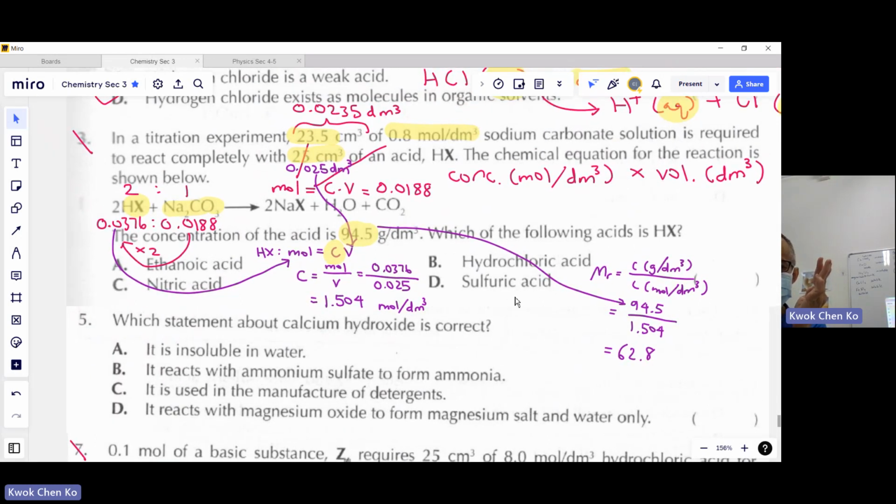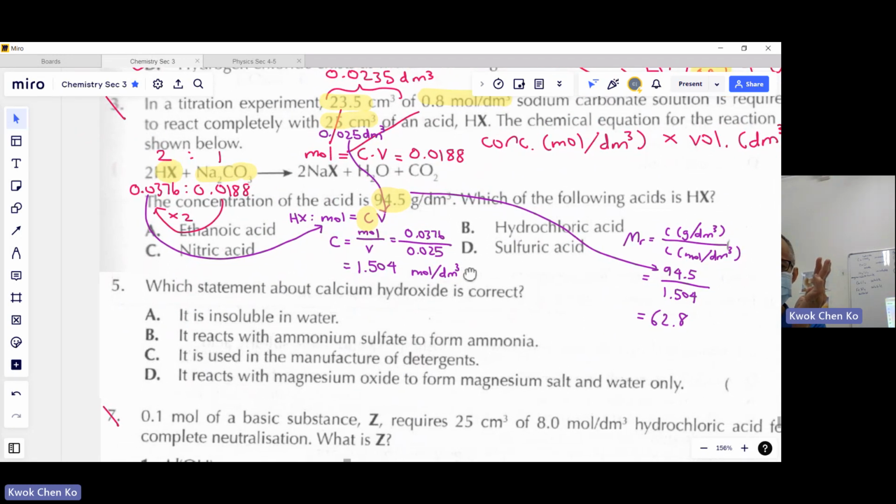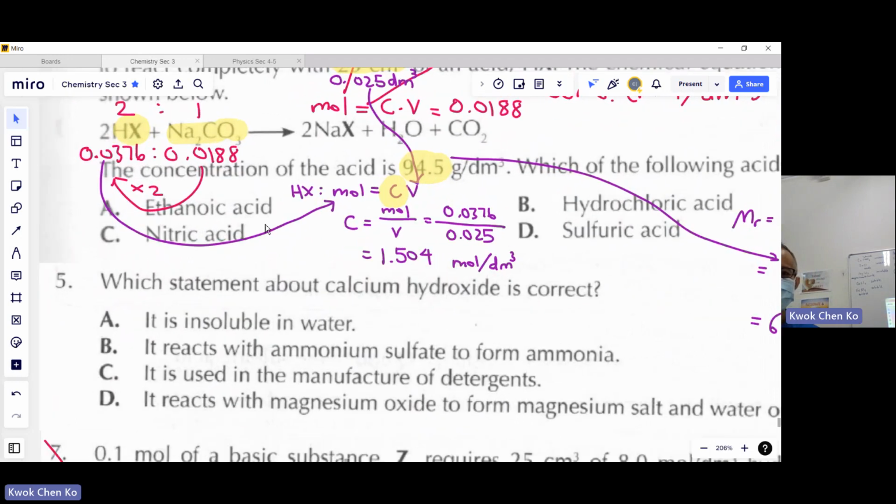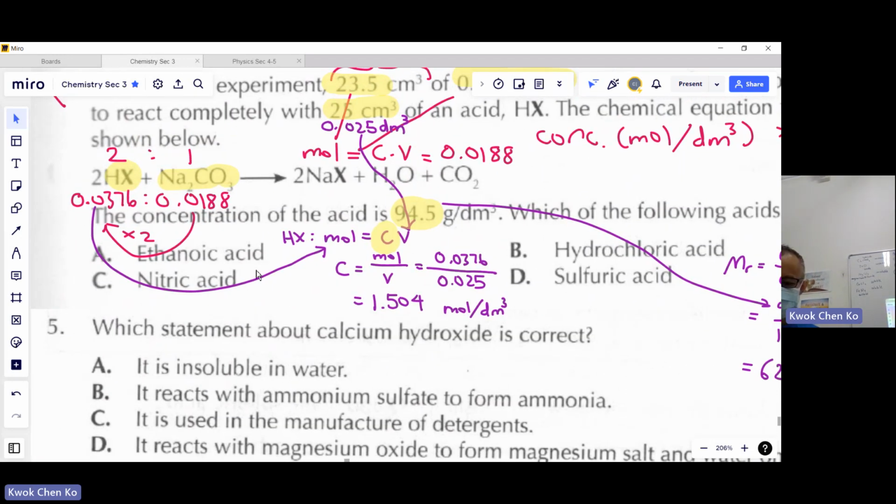Remember, let me give you some numbers. Bernice, you can try it out too. What's the MR, let's say, for nitric acid? It shouldn't be a problem to calculate the MR. I assume you have the periodic table.